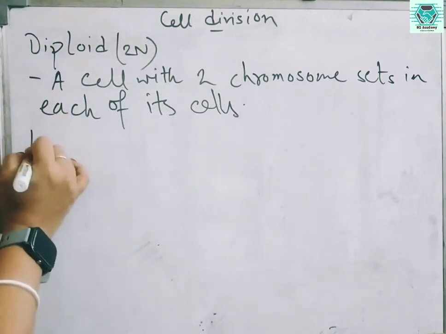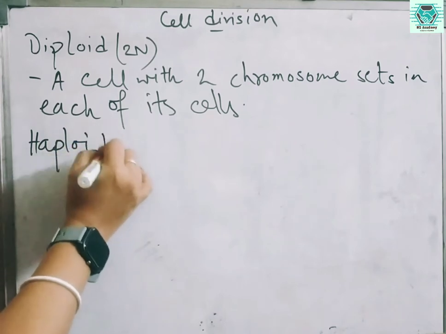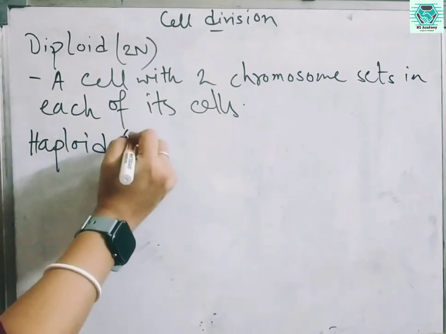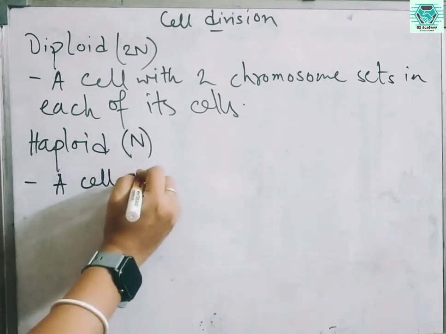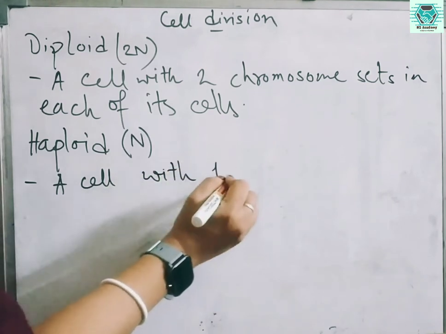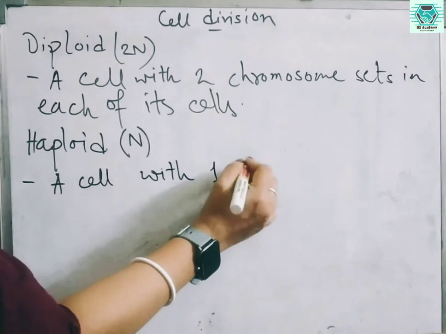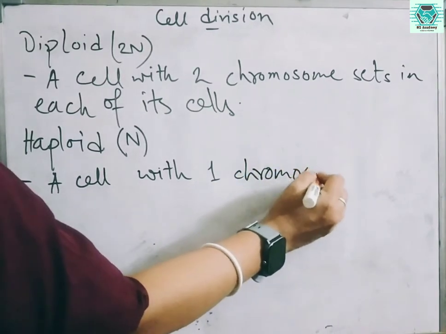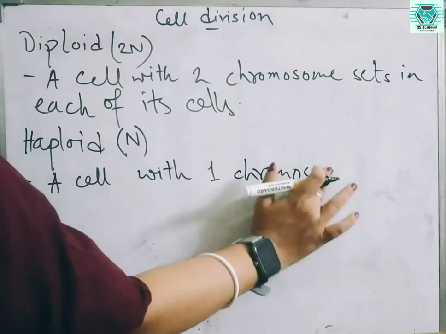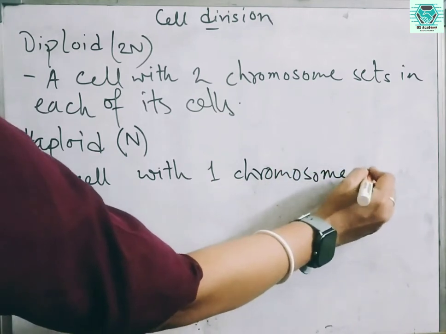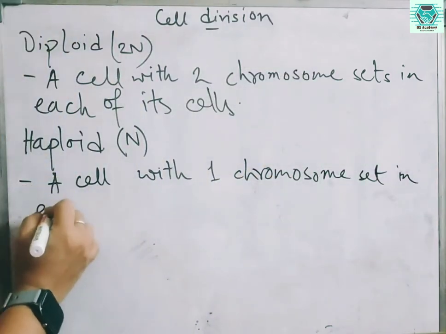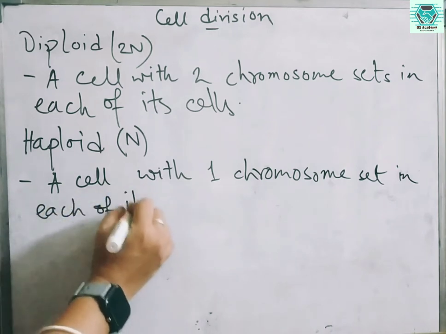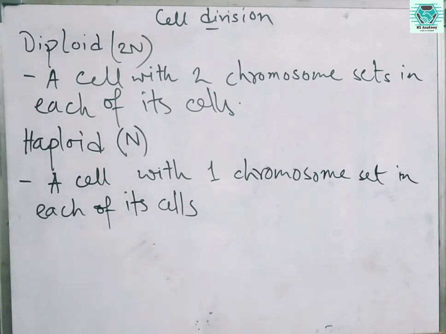And what about haploid cells? A cell with 1 chromosome set in each of its cells. So this is about the diploid and haploid cells.